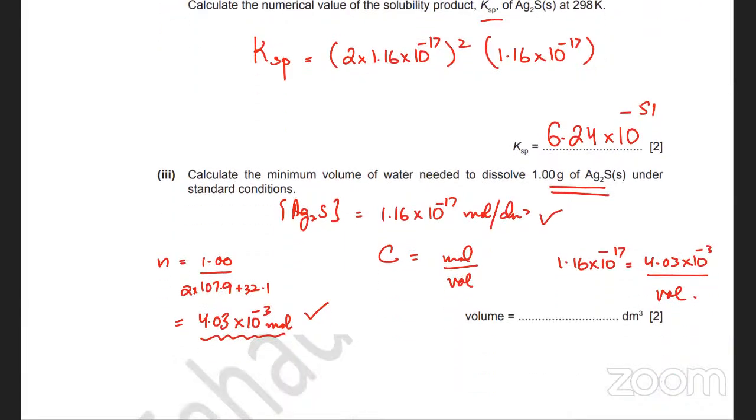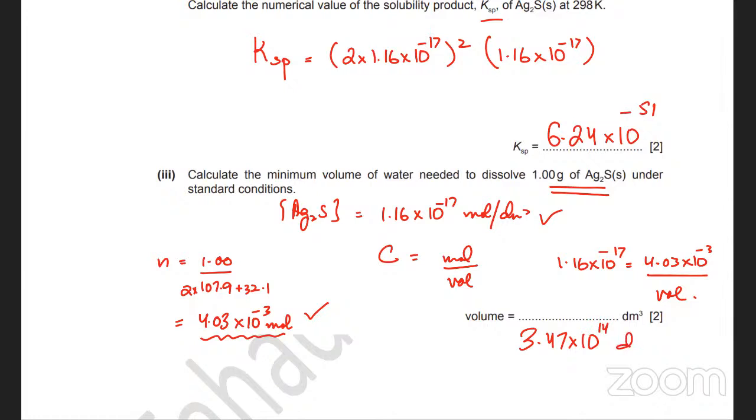So calculate करो what is the volume. So 3.47 times 10 power 14.